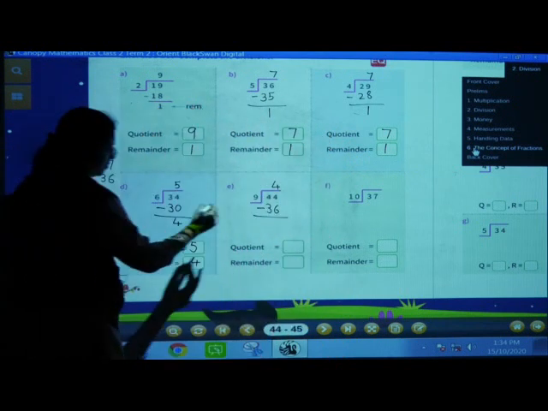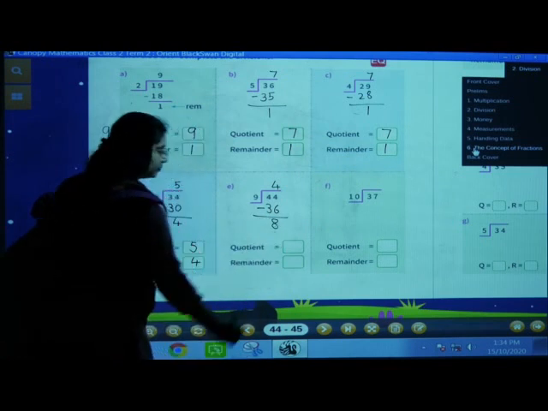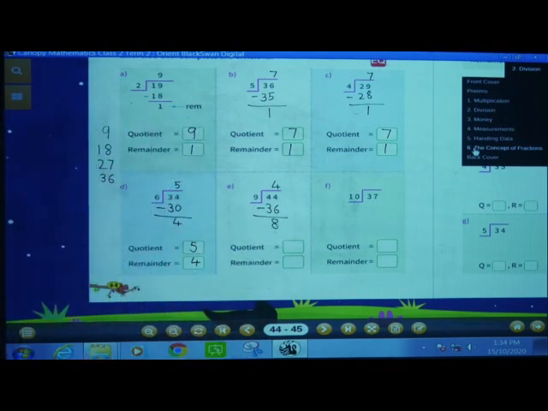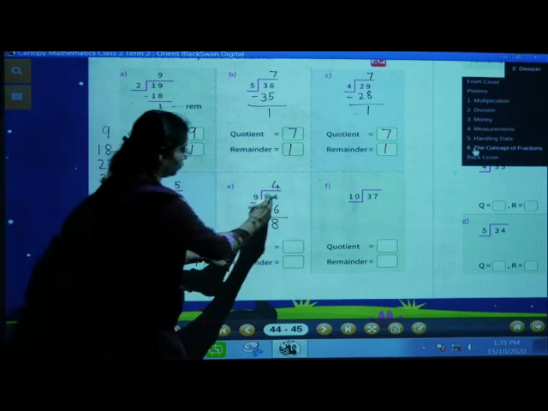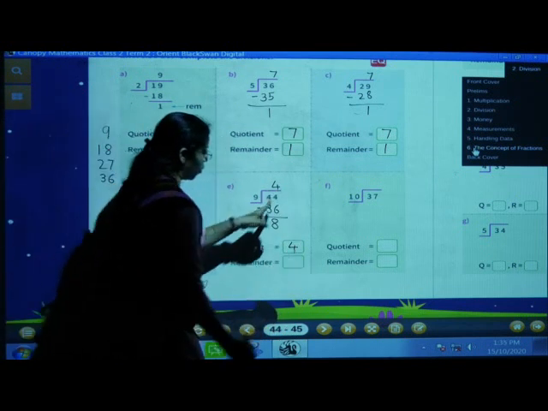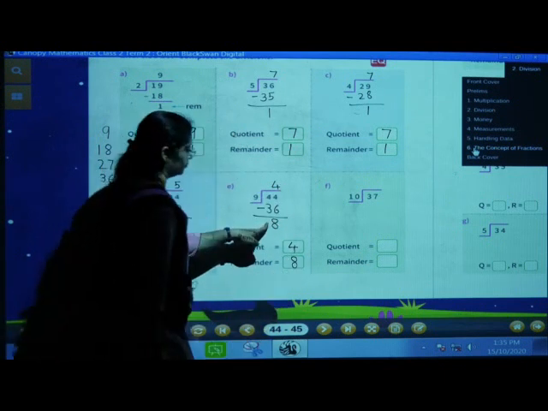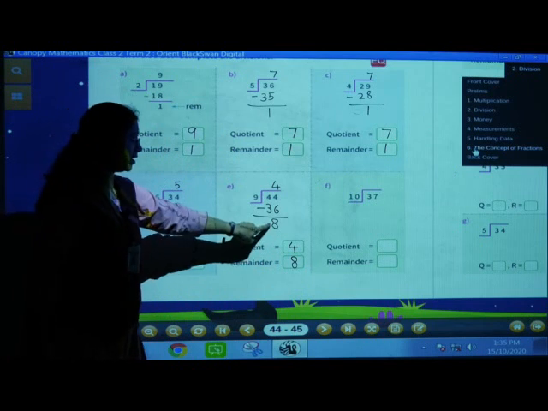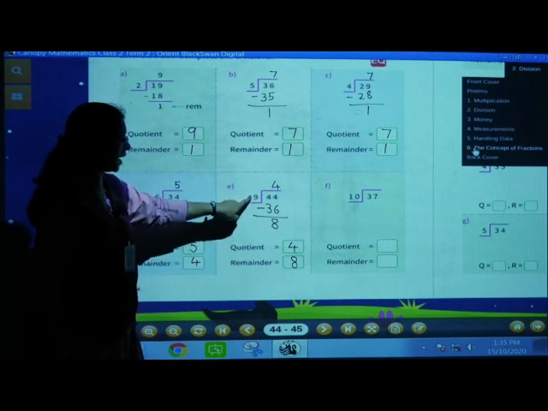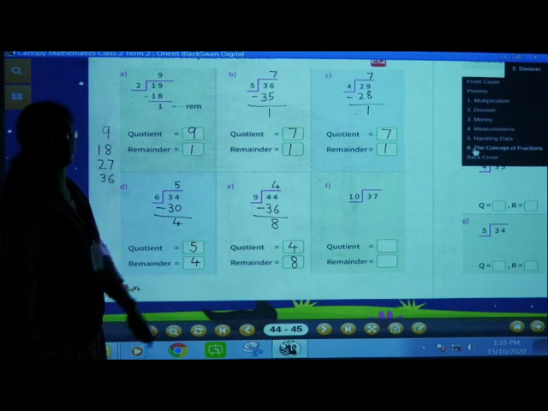What is the remainder? 8. And what is the quotient? 4. 4 is the quotient, 8 is the remainder. See, the remainder is smaller than the divisor.